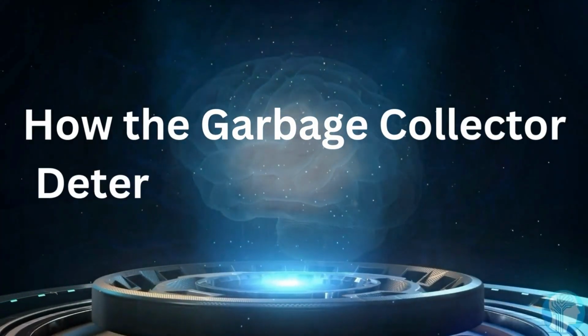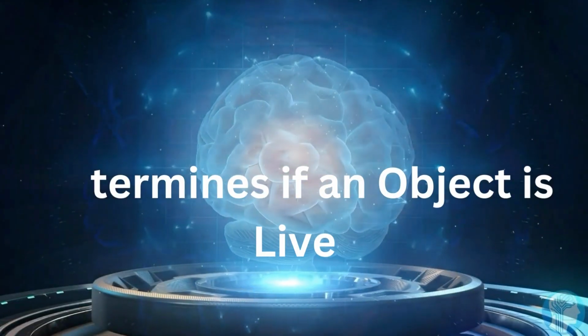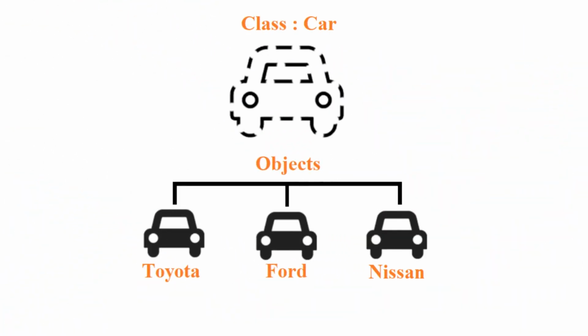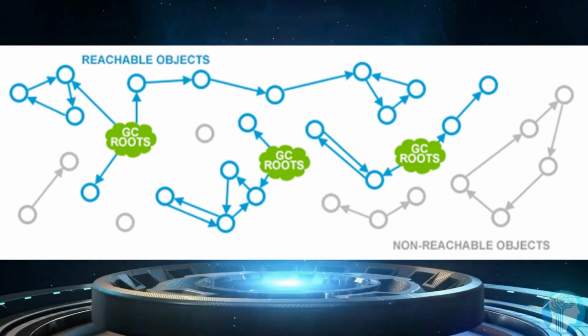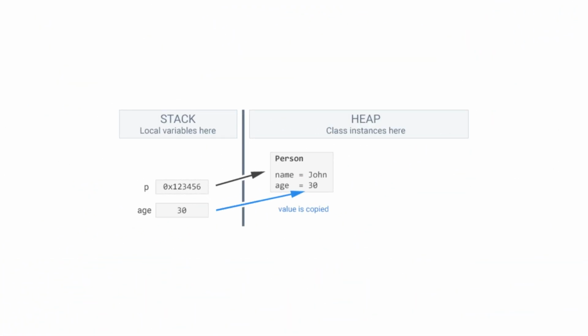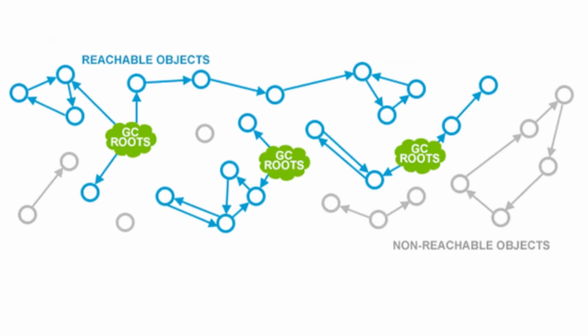How the garbage collector determines if an object is live. The garbage collector starts by checking roots of reachability: stack variables, GC handles, and static data. It then builds an object graph, tracing all connected objects.